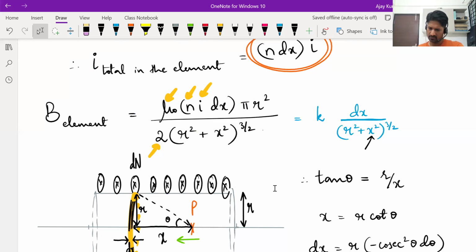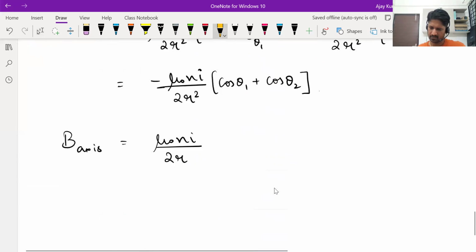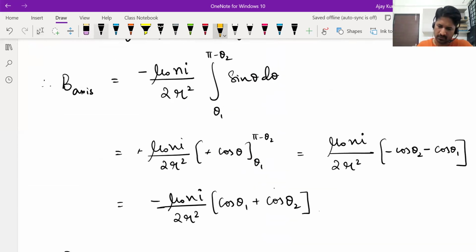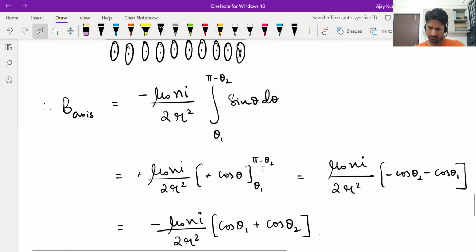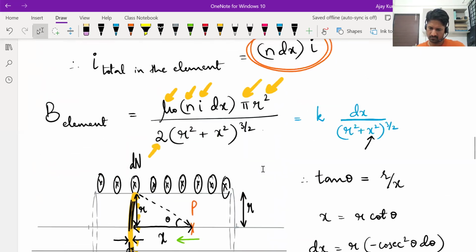We got K as mu naught n I by 2. Okay, there's a pi r square here also, no? Included in K. So in the numerator, we have to write, just a second.